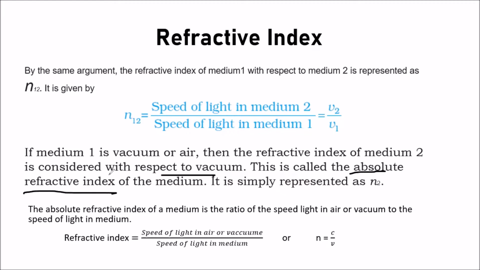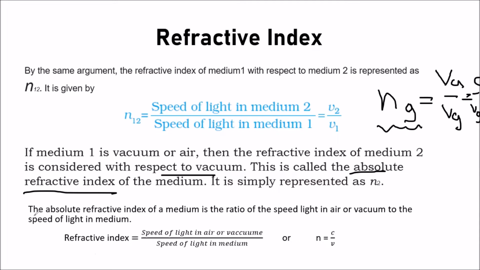For absolute refractive index, we don't have to write multiple terms. So if I just write n_g, it means it's the refractive index of glass with respect to air or vacuum, and the formula would be va upon vg, or because it is vacuum, we can also write it as c upon v, because c is the speed of light in air or vacuum.